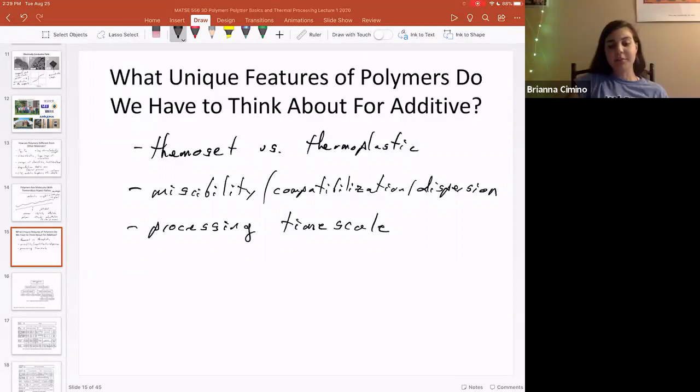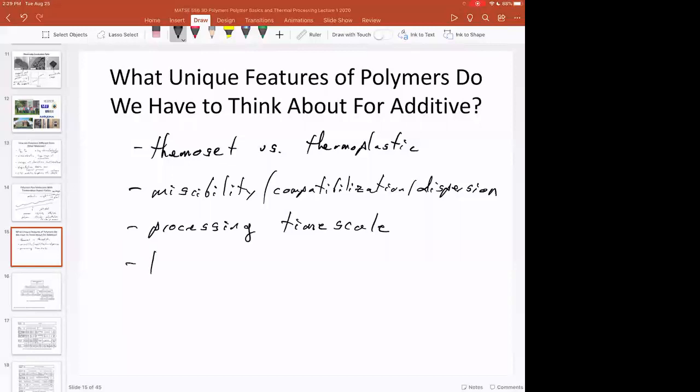Maybe processing temperature. Temperature is a great processing variable. So if something's not working, the first thing you do is try and change the temperature because you don't have to change the material or the equipment.